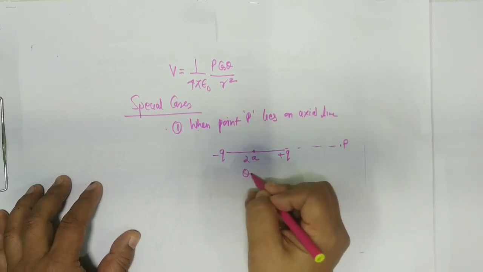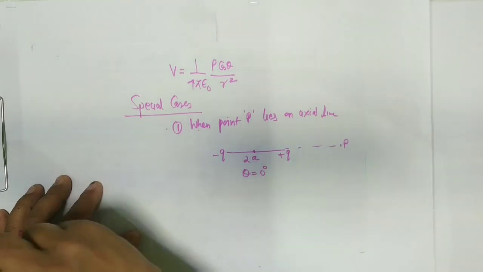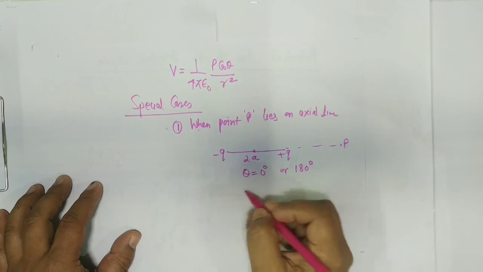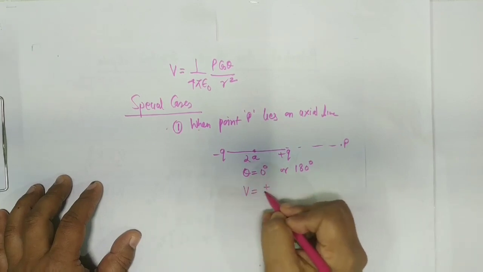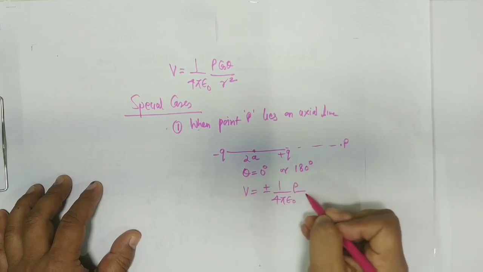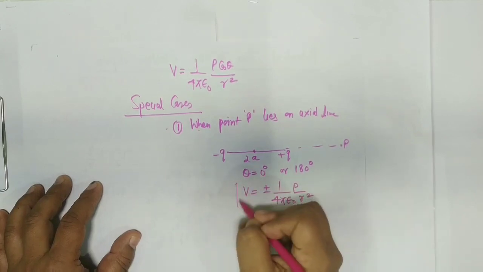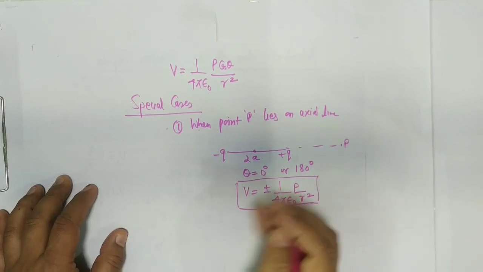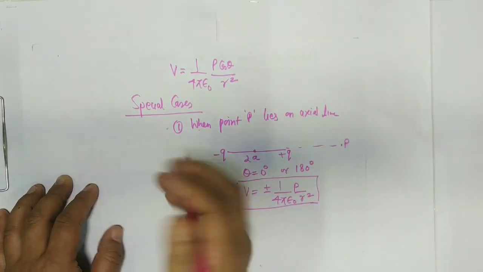Theta will be 0, or on the other side it can be 180. So ultimately V will be plus minus 1 upon 4 pi epsilon naught, P by R square. You know cos 180 is minus 1 and cos 0 is 1, if it lies on the axial line on this side or that side.